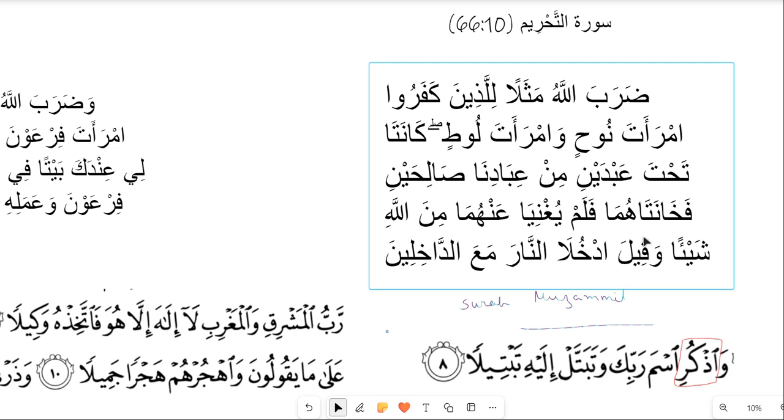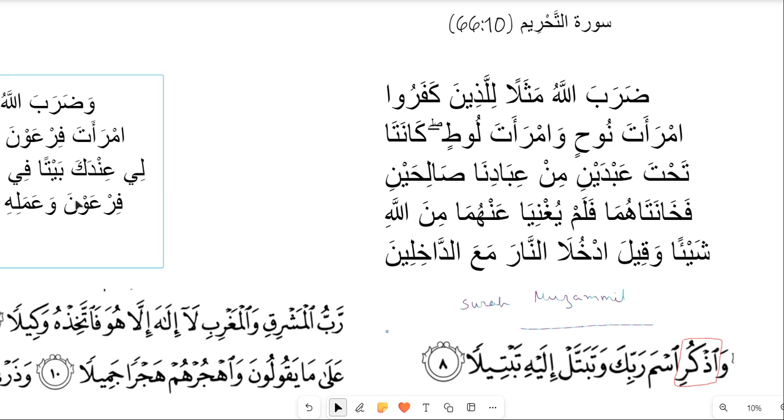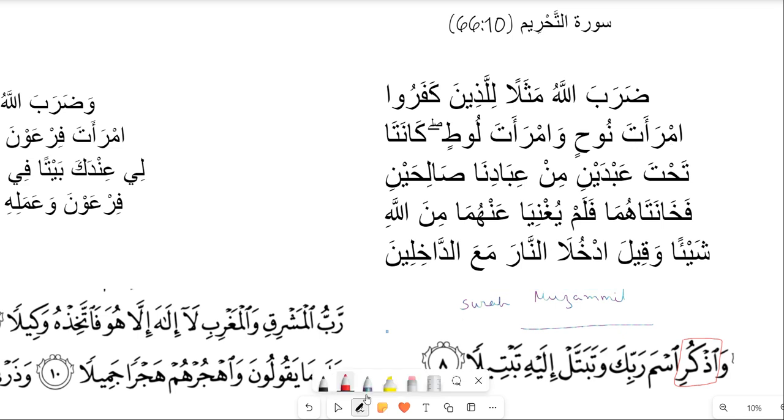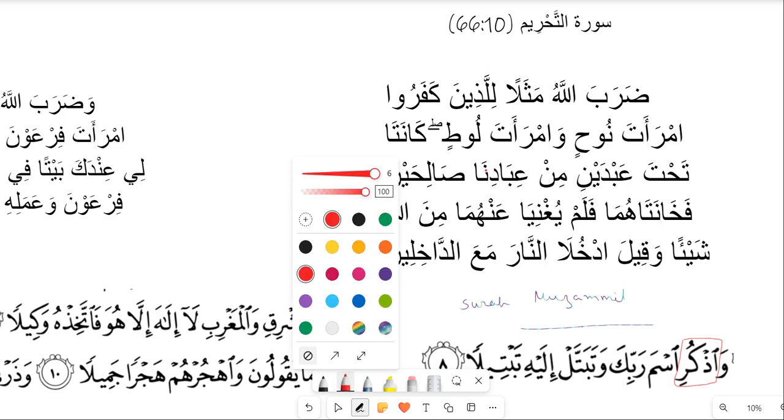Oh sorry, actually the command verb is not here. In this ayah, you can see the word imra'ata. Actually it was the example for imra'a, the word that you did in this lesson here. How is it written here?